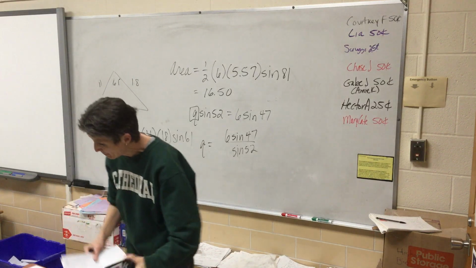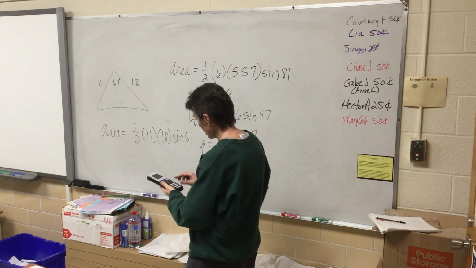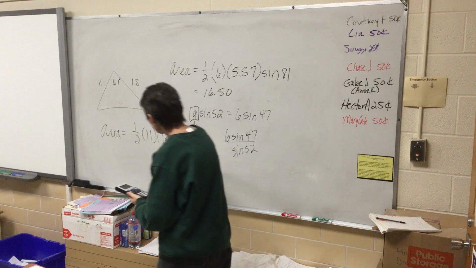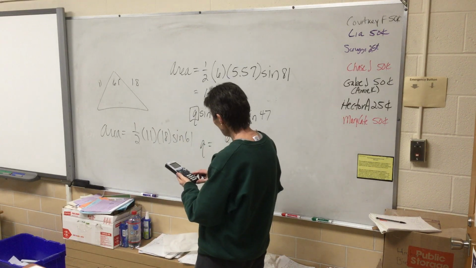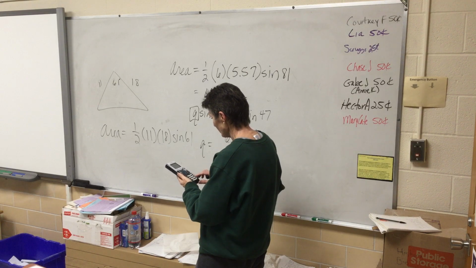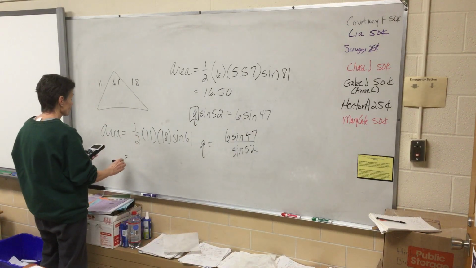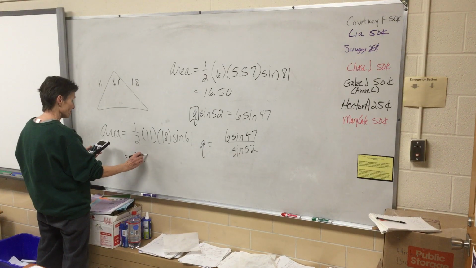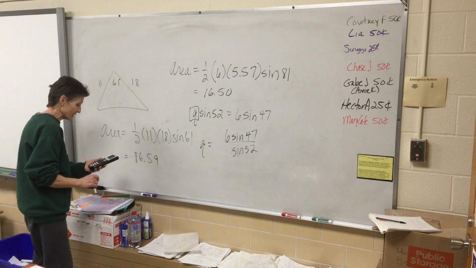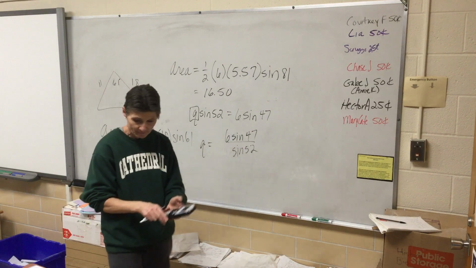You just type it in. There's no work to show, just this equation. So 0.5 times 11 times 18 times sine 61. Make sure you write down your equation so I know where your answer came from. But that's it, 86.59.